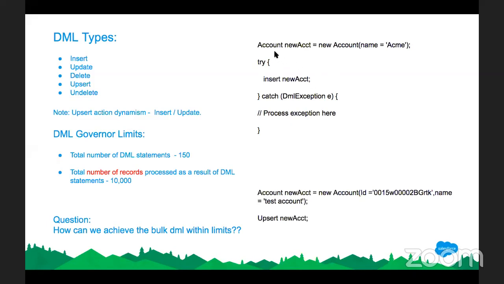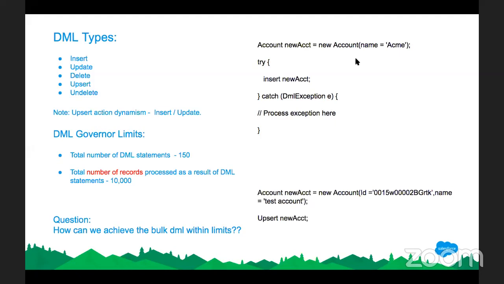Okay. Here I have mentioned the standard object Account, and I initialized the Account object, and here I have given the Name attribute as ACME, and I'm doing the insertion of this account.